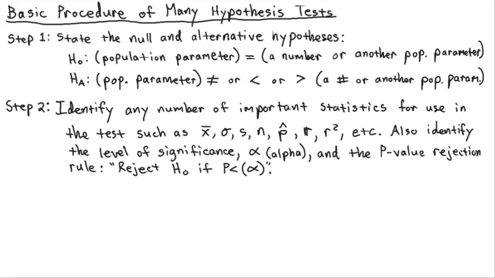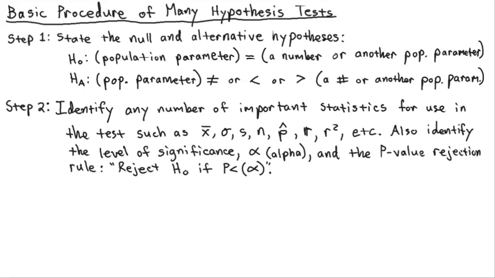And then you'll typically also identify at some point what's called the level of significance, which we use the Greek letter alpha. And then oftentimes we'll do a rejection rule for how we're going to reject the null hypothesis, which is often what we're aiming to do in research that supports our hypothesis.